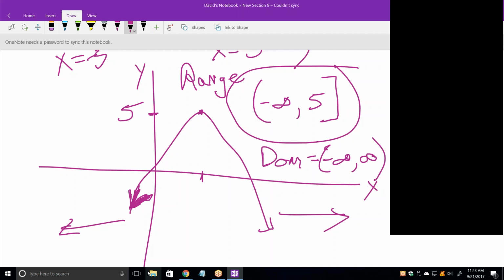So if I continued it all the way, it keeps going to the left. If I continue this all the way, it keeps moving to the right. So the domain is, you can call that all real numbers, but if they ask for interval notation, that's what it is.